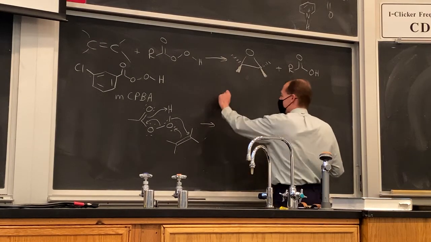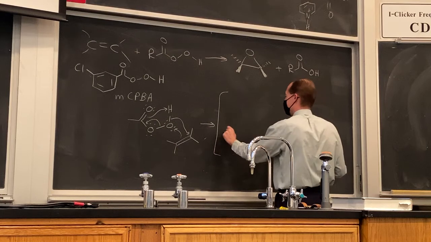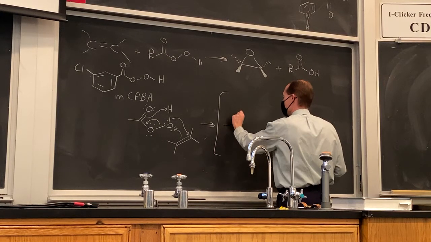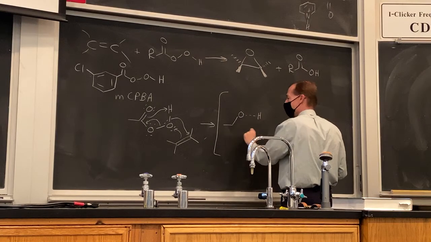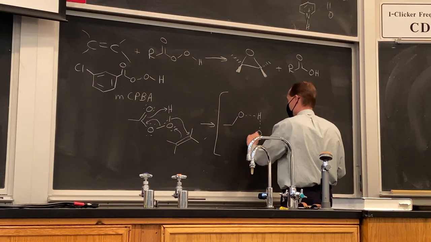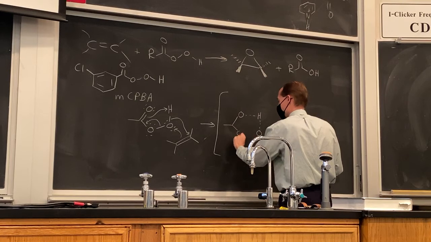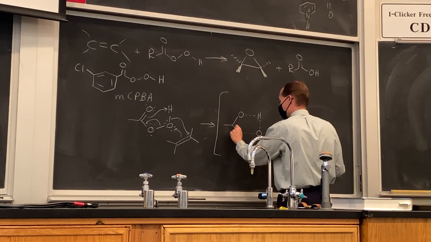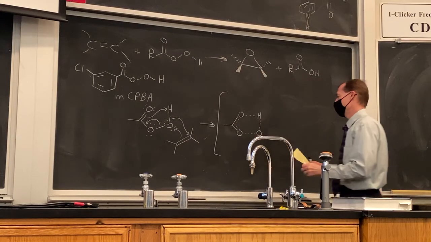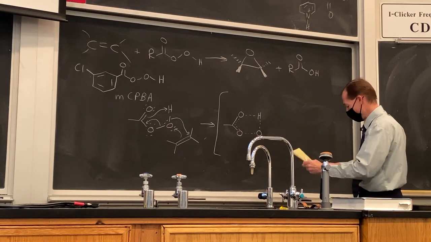So let's draw the transition state, and we're going to have a record number of partial bonds in this transition state. Okay, it's kind of a distorted 5-membered ring.